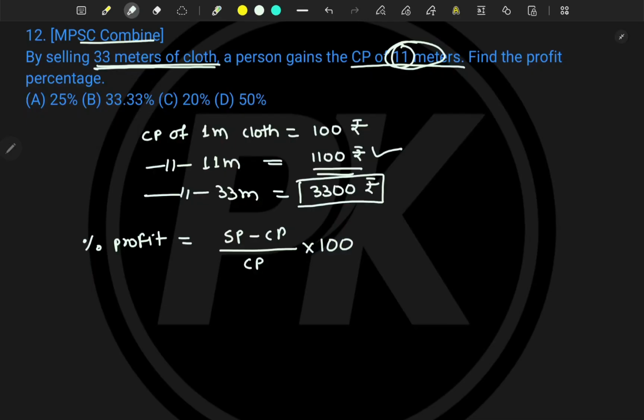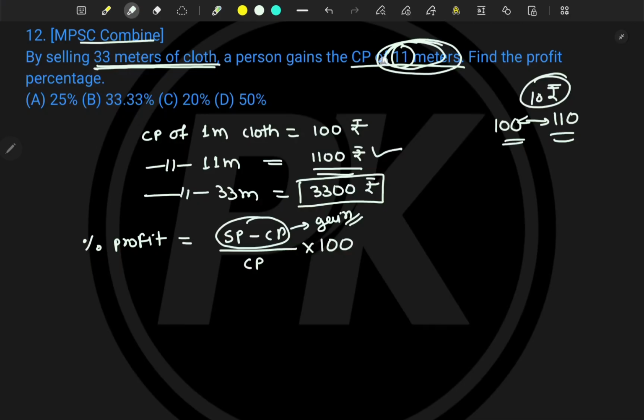So that is the formula. Now tell me, selling price minus cost price is nothing but what? Your gain. You understand the selling price minus cost price. So you bought something at 100 rupees and you are selling at 110. So a net gain of 10 rupees. This is how you understand things. So selling price minus cost price is nothing but a gain.